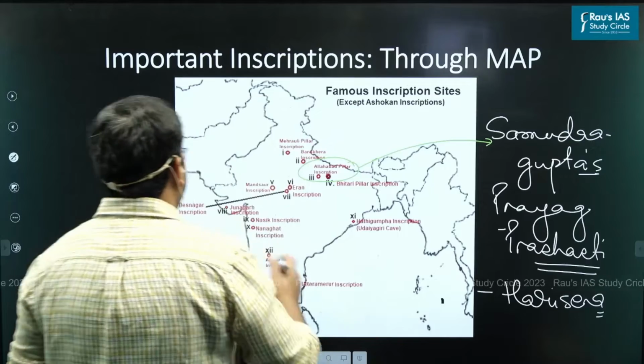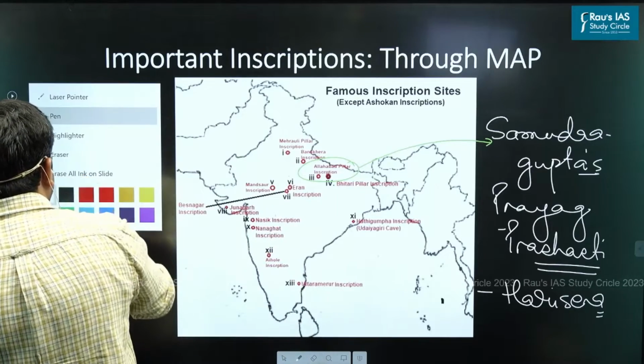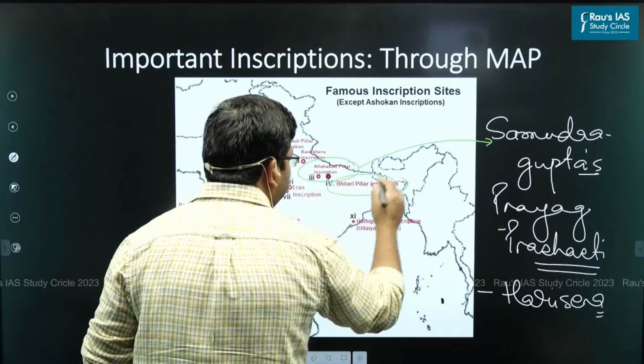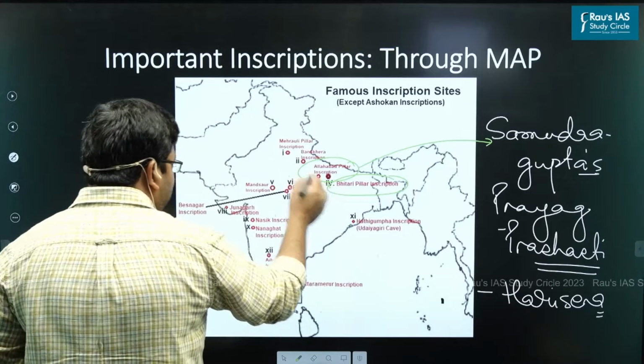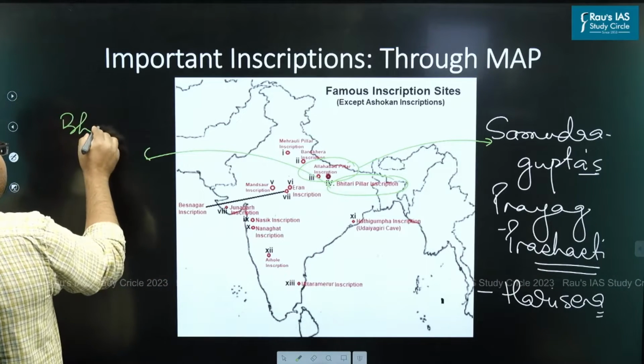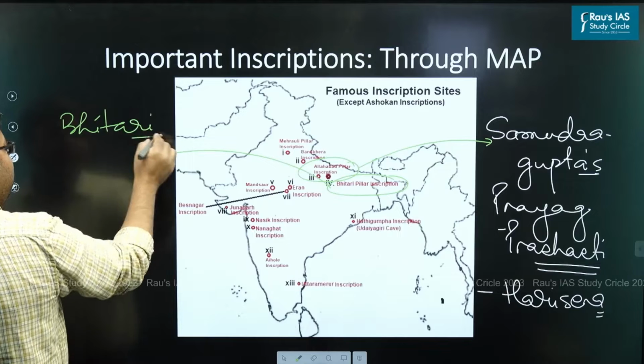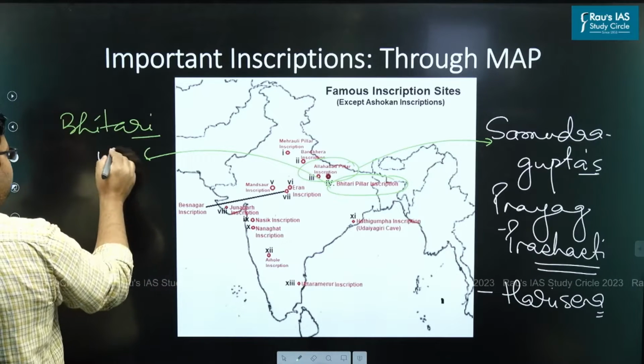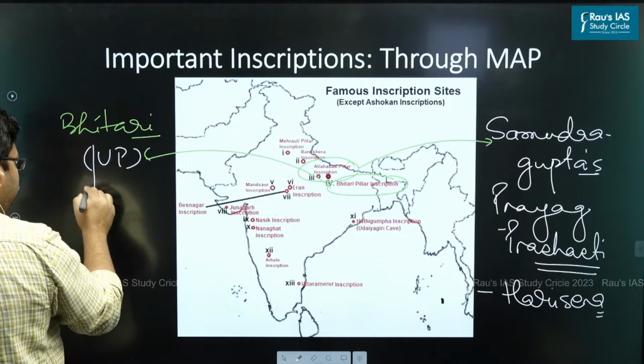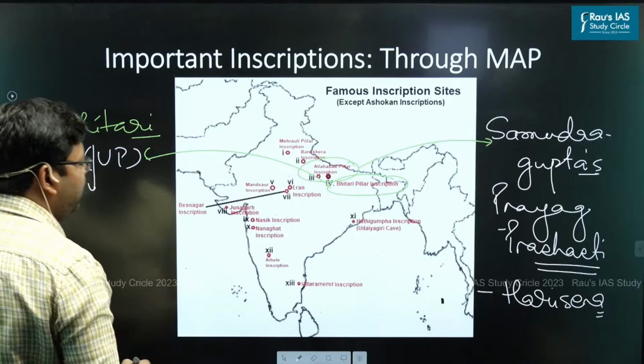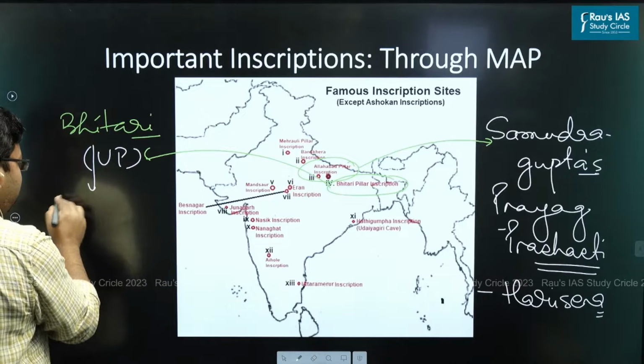Again, another inscription you should know about is the Bhitari pillar inscription. It has been found from UP, and it basically talks about the achievements of the great Gupta ruler Skandagupta.